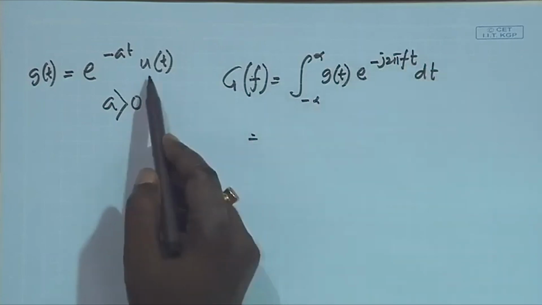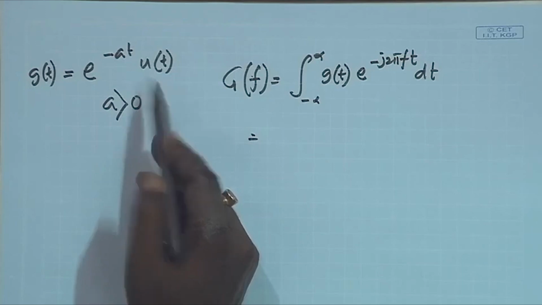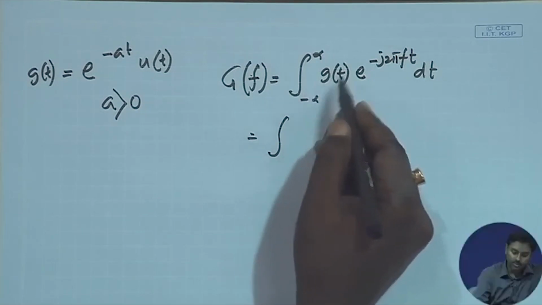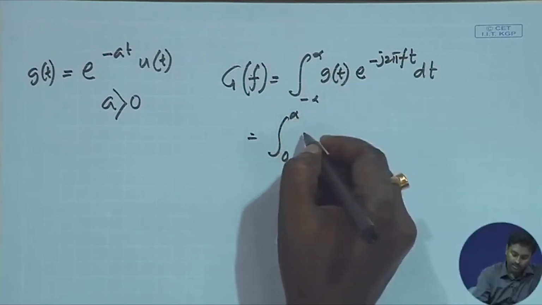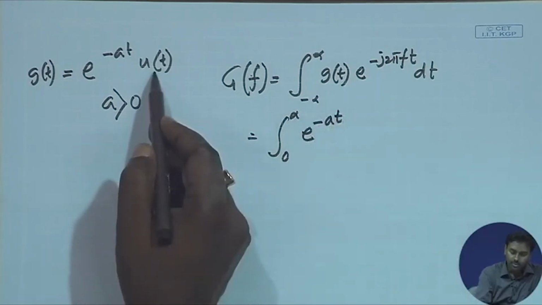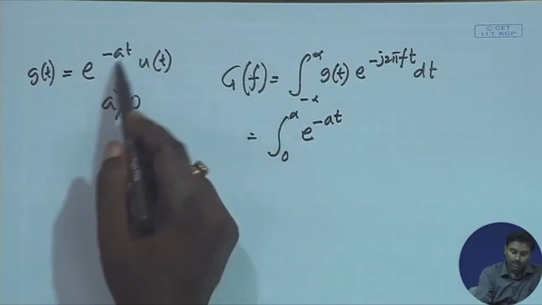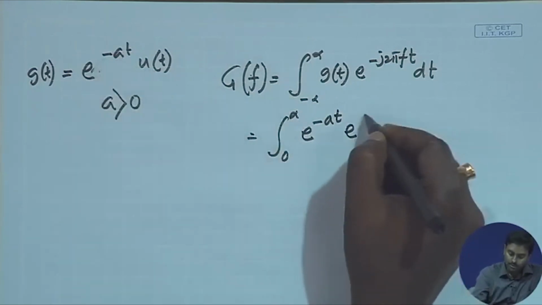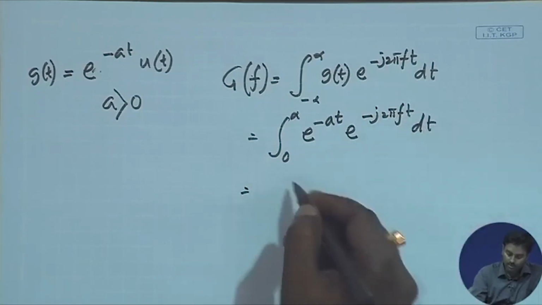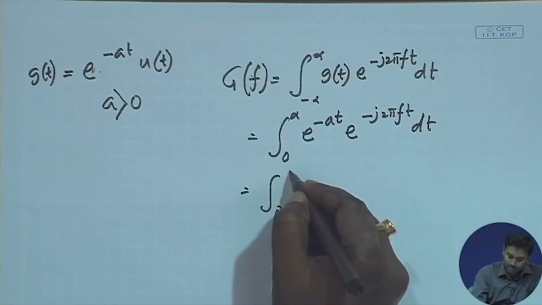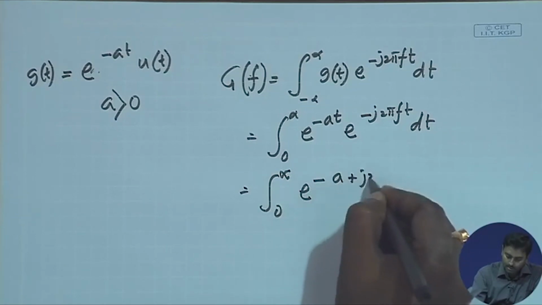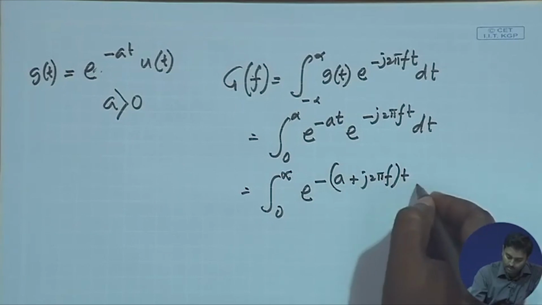Now, g(t), because of u(t), is defined from 0 to infinity only. So, this integration from minus infinity to 0 will be 0, and it should be evaluated from 0 to infinity. Now g(t) becomes e to the power minus a t, because u(t) for t greater than 0 is always 1. So, it gives me e to the power minus a t times e to the power minus j 2 pi f t dt. Let us evaluate this. It is just an exponential, e to the power minus (a plus j 2 pi f) t dt.